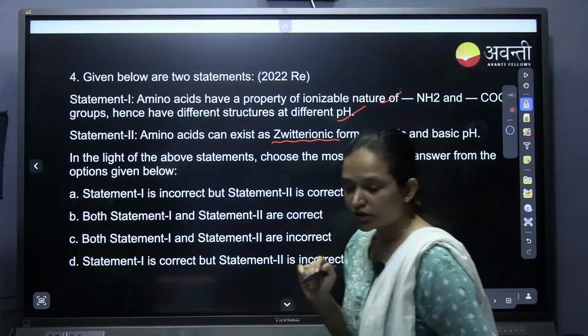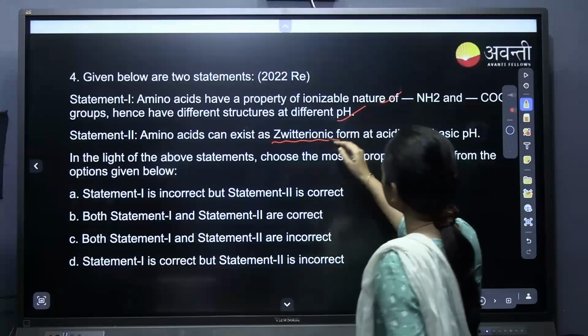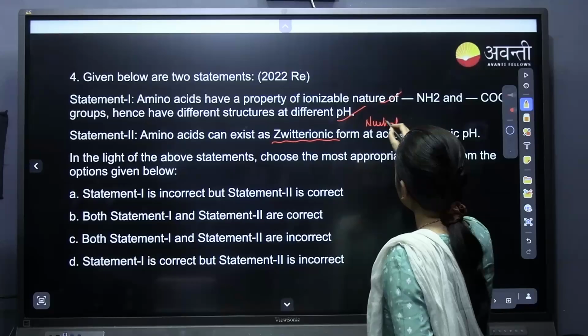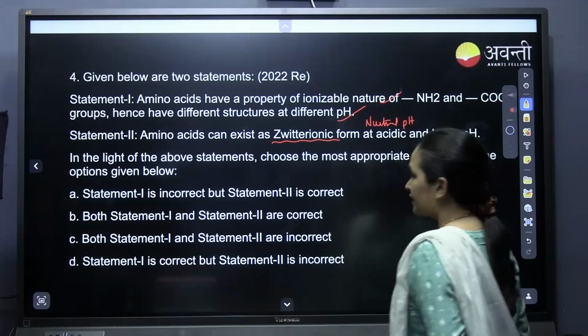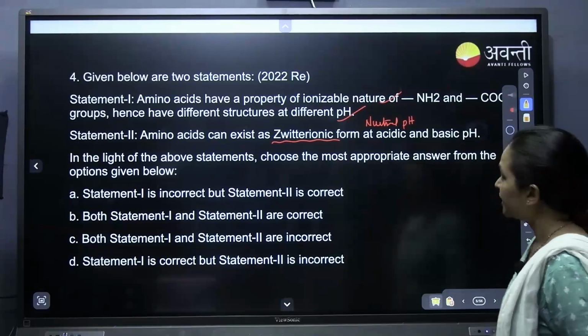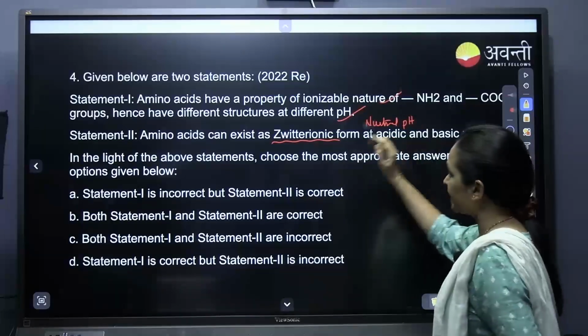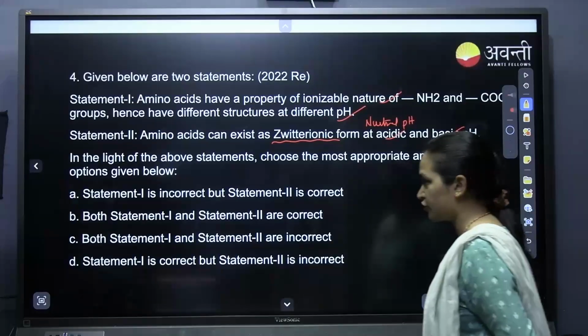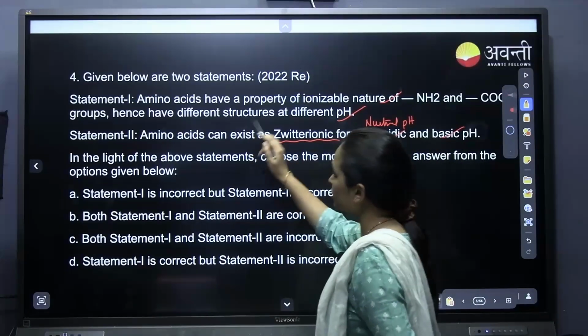In the NCERT textbook, they have given Zwitter ion in the neutral pH. But according to the concept, the Zwitter ion can exist in the acidic as well as in the basic pH, which means statement 2 is also correct.